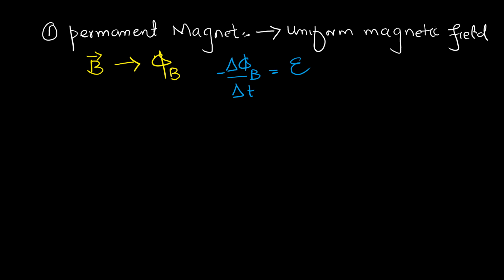Now in the AC generator, a permanent magnet is used, which means that the magnetic field lines B are constant, and this means that the magnetic flux is constant, and when magnetic flux is constant, induced EMF will not be produced just because of the permanent magnet. So this means that the static permanent magnet used in the AC generator is just to provide a magnetic field inside the alternating current generator. The second important part of the alternating current generator is known as the armature.